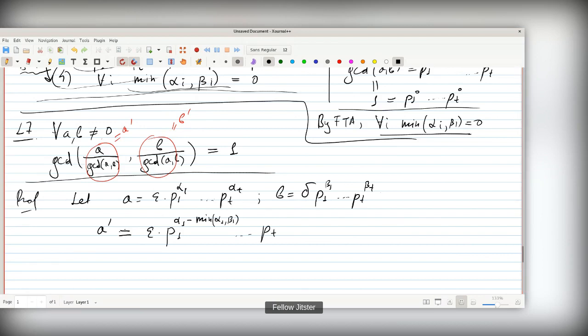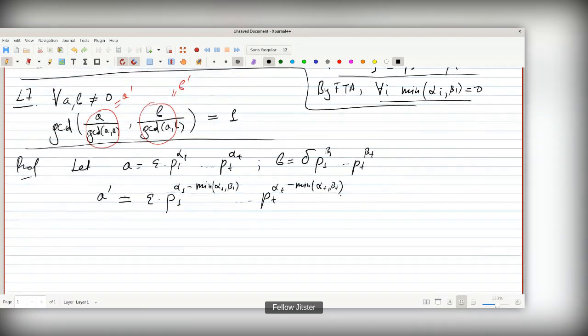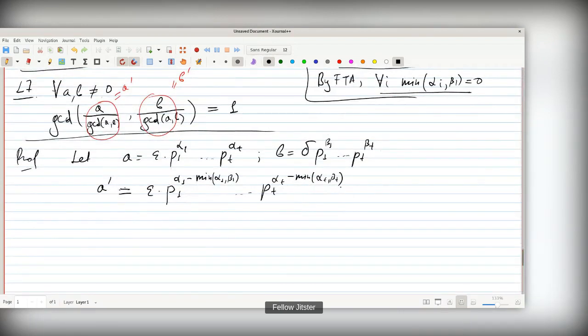That is this thing. And the same we have for b prime. And now I want to prove that these two are coprime.